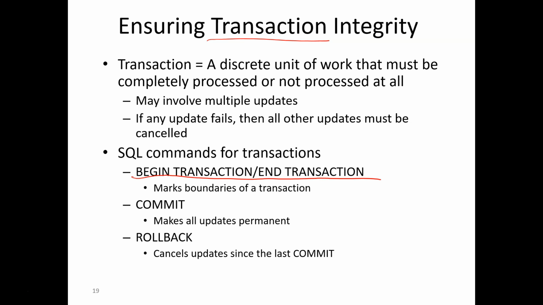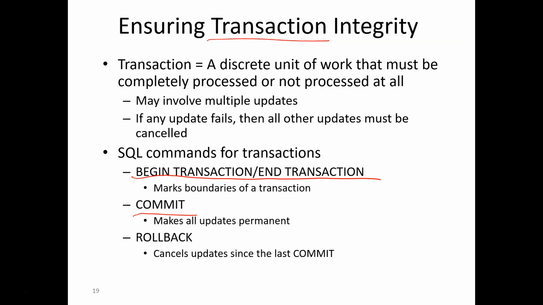In addition, a number of SQL statements can be used to commit changes to the database or roll back the changes if you want. The command commit would make all updates permanent when it is executed.